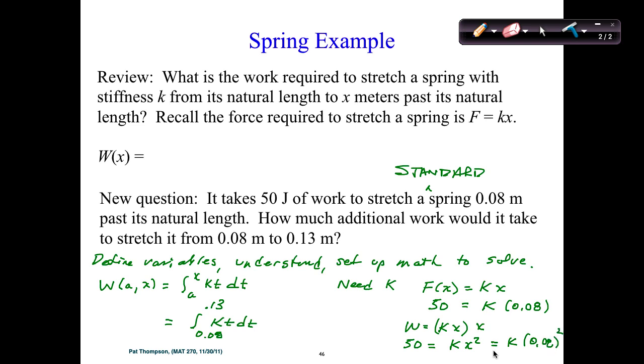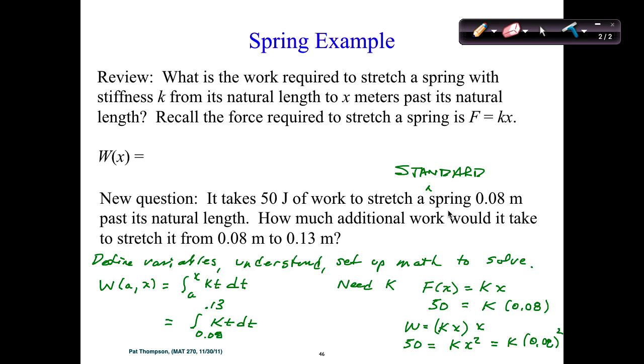What about this? You agree with this? Could you just skip finding k altogether and just do work equals force times displacement? We have a displacement, we have a work value, so we would be able to find our constant force. We have 50 joules equals F times 0.08.